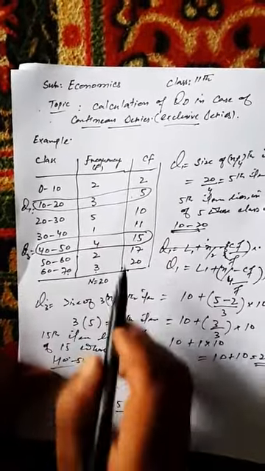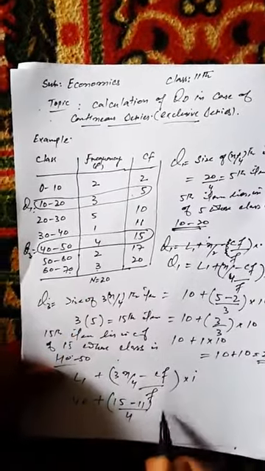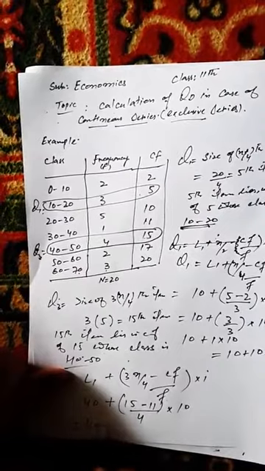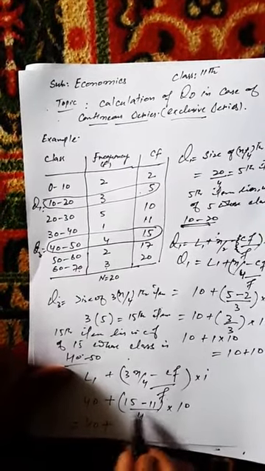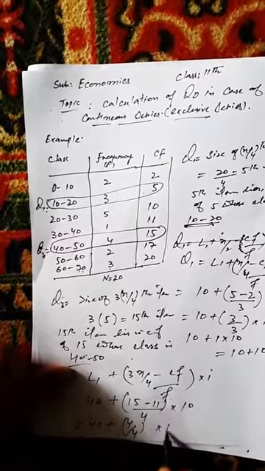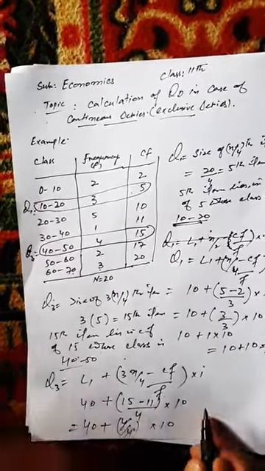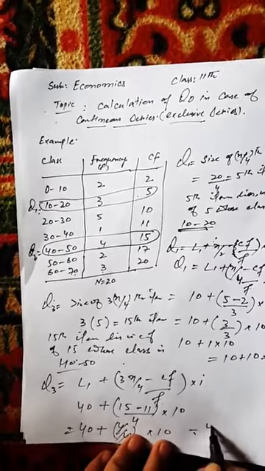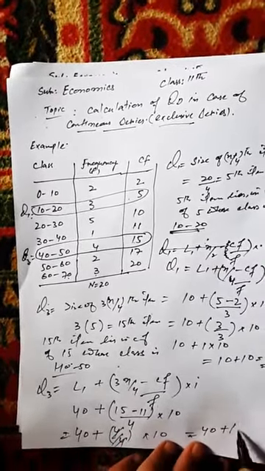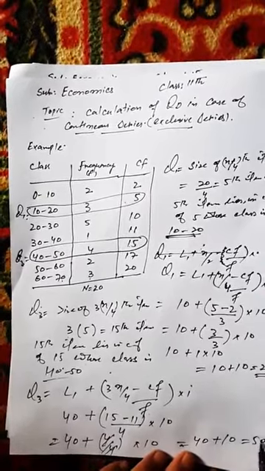Divided by F, the frequency is here 4, I is 10. So we will write 40 plus 15 minus 11 is equal to 4, divided by 4 into 10. 4 divided by 4 is equal to 1. So this is equal to 40 plus 10, which is equal to 50.